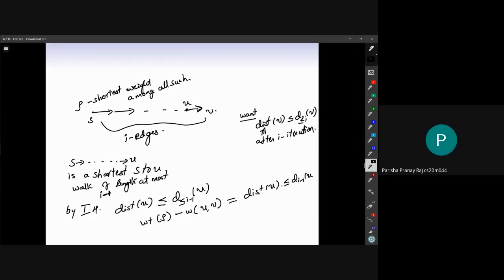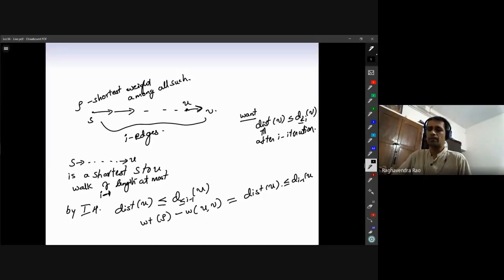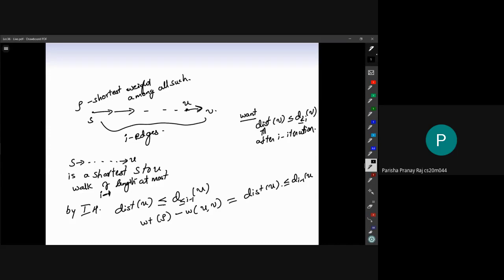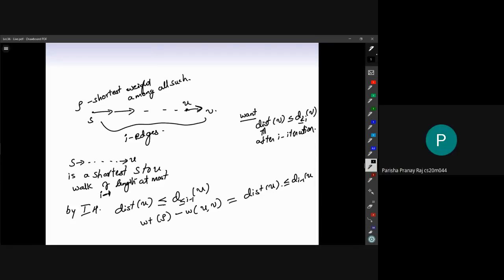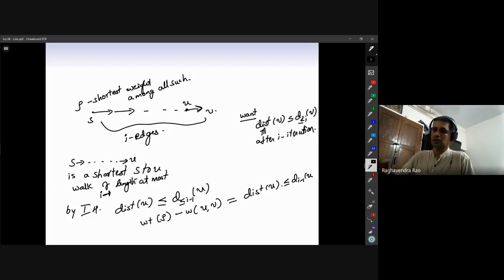Sir, the statement S to V is the shortest, like the above one is a shortest S to U walk of length at most i minus 1. This is from the optimality principle of shortest walks, or shortest paths. And then by induction hypothesis, since this S to U uses at most i minus 1 edges, this statement holds.